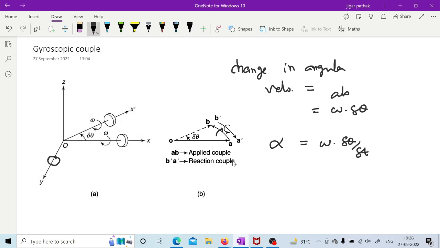This omega is the spin of this rotating component. As you can see, this omega is the rotational speed of the spin with which it is rotating about the x-axis.